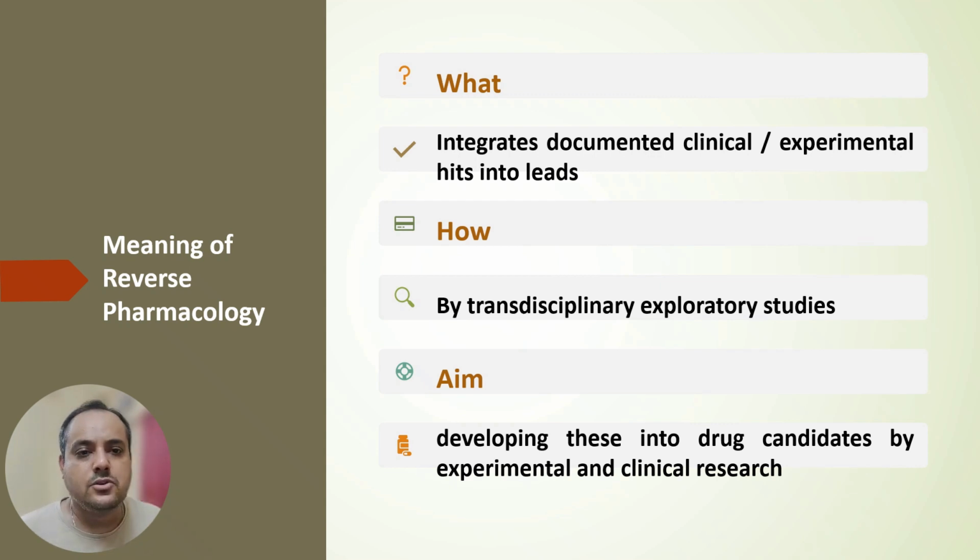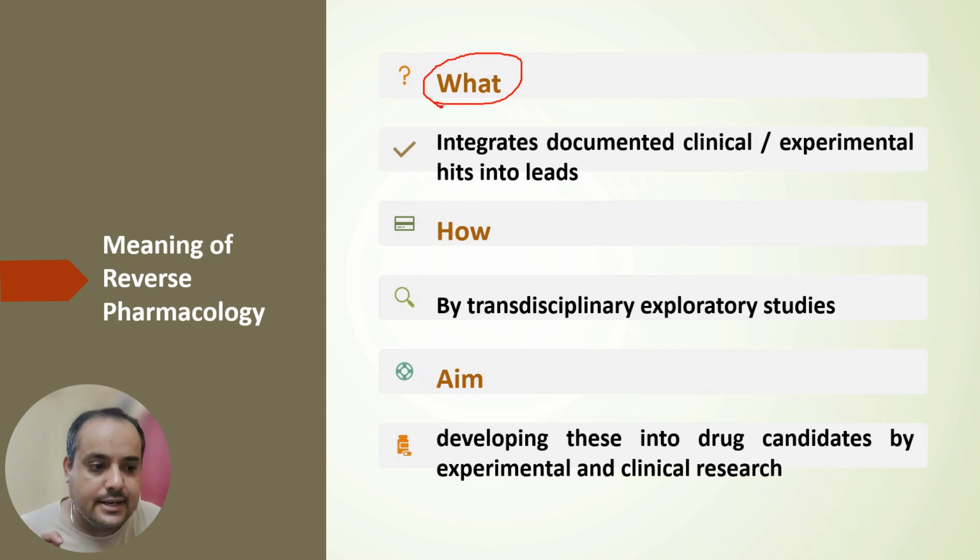Now we will see what we mean by reverse pharmacology. For your easy understanding, I have broken down the definition so that you get a concept of reverse pharmacology from this definition only. The first part of the definition tells us what exactly reverse pharmacology is.